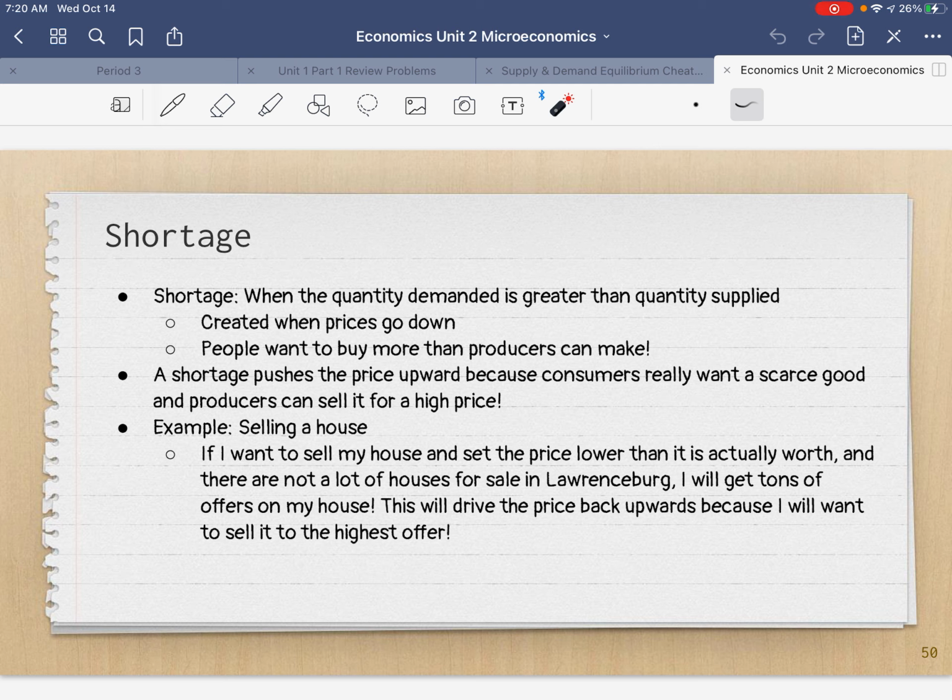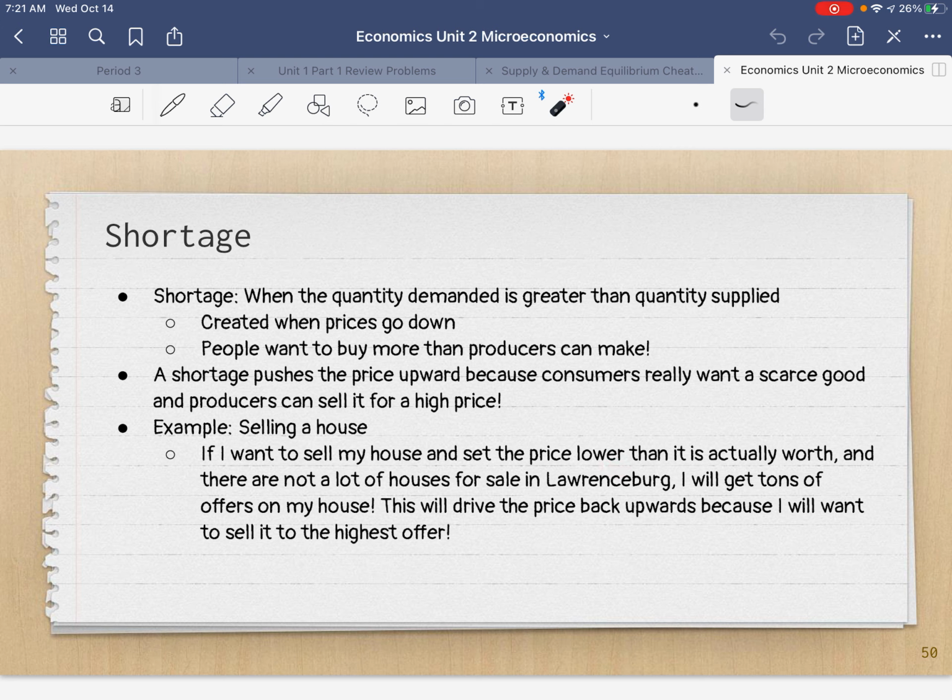A shortage then pushes the price upward because consumers really want that cool, scarce good. And producers then can be like, oh, everyone wants it. I'm going to make it super expensive. So here's an example before I show you the graph. If I'm selling my house, I want to set the price lower because I want to attract buyers, right? So if my house is worth $150K, 150 grand, I maybe set it for 140 grand, lower than what it's actually worth.